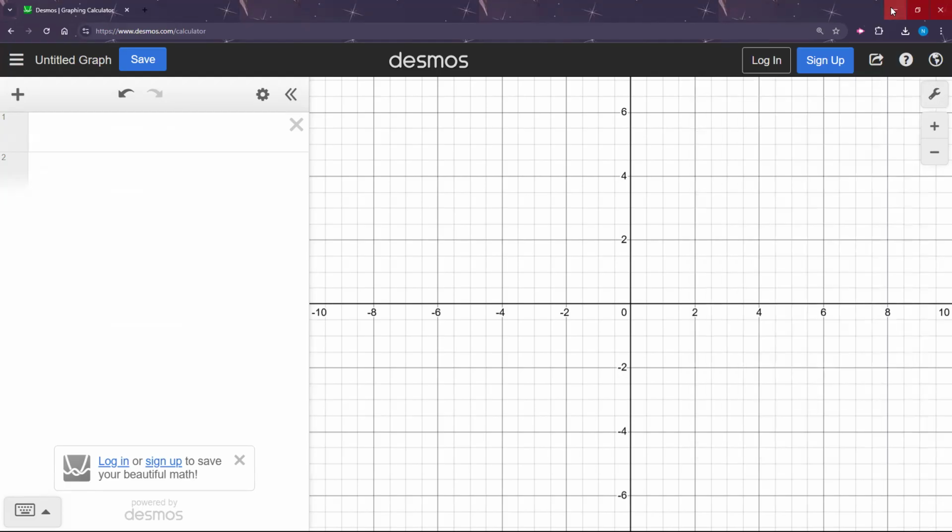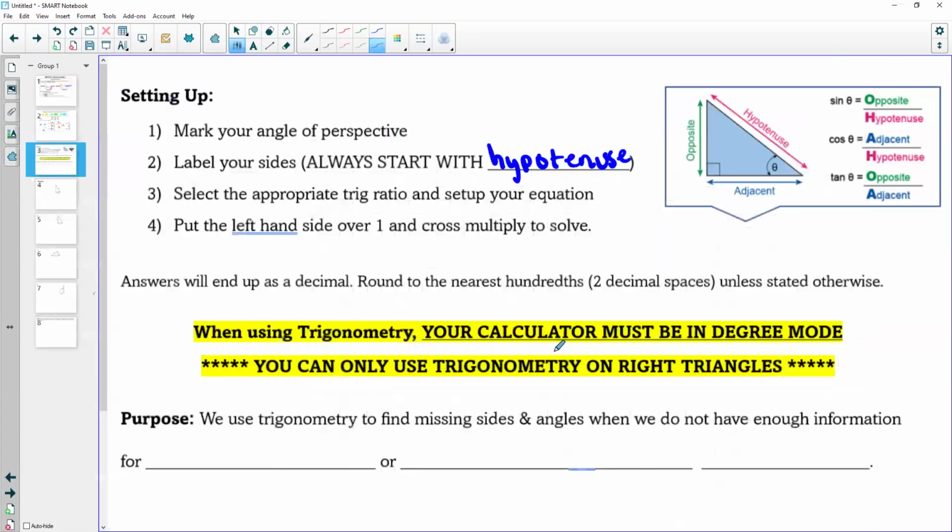And so now that we're in the correct mode, I'm going to go back to the notes here and write down the purpose of using trigonometry. The purpose is we use trigonometry to find missing sides and angles when we do not have enough information for Pythagorean theorem, or special right triangles.